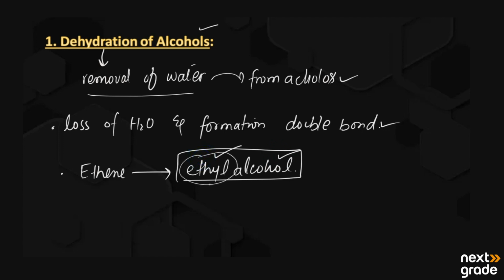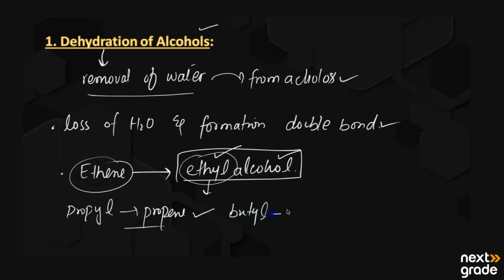If it is ethyl, then we will get ethene. If there is propyl alcohol, then we will get propene. Likewise, if we have the butyl group, then we will get butene. So this is the simple method.